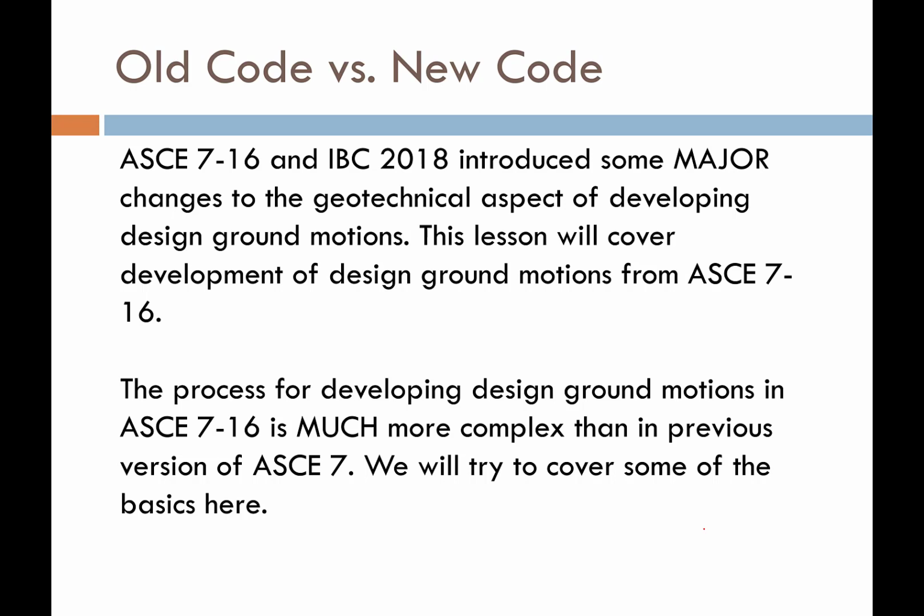And so in 2016 in ASCE 7 and 2018 for IBC, the BSSC introduced some major changes to the geotechnical aspect of developing these ground motions. And really, that's what this lesson is all about: developing the ground motions using these revised approaches.